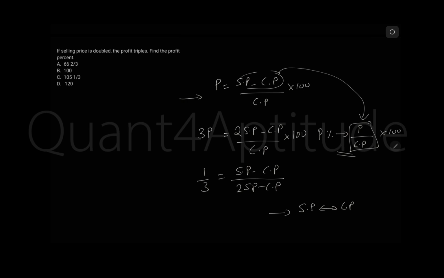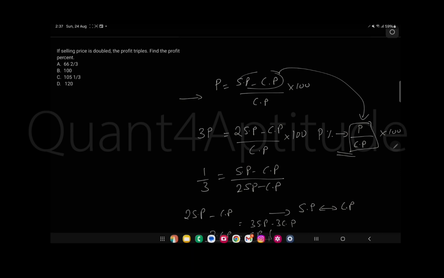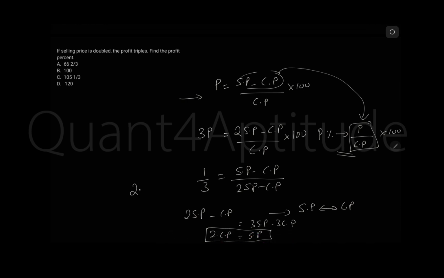So if you continue to do it manually, you get 2 times selling price minus cost price equal to 3 times selling price minus 3 times cost price. That is nothing but selling price is equal to 2 times of cost price. This is the relationship which we have got. That is 2 times cost price equal to selling price.